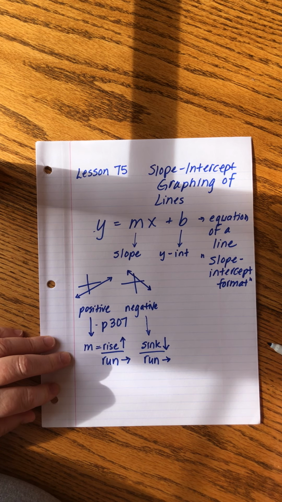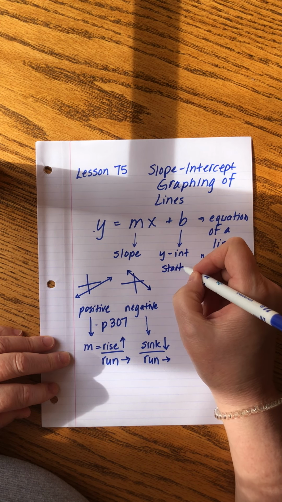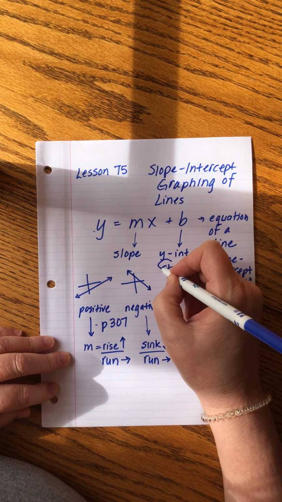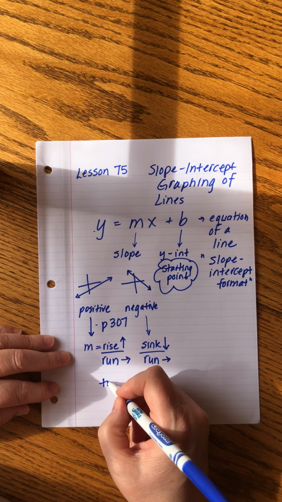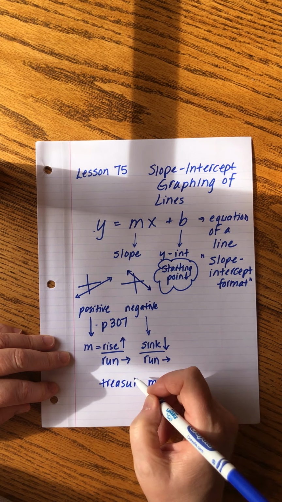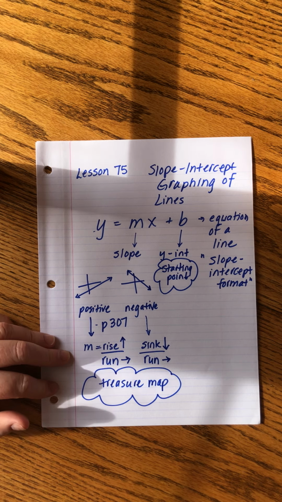But where's the starting point, you say? Right here. The y-intercept is the starting point. And this is what I call the treasure map, because it tells us where to go from the starting point to find the second point. And that's a real treasure, right?